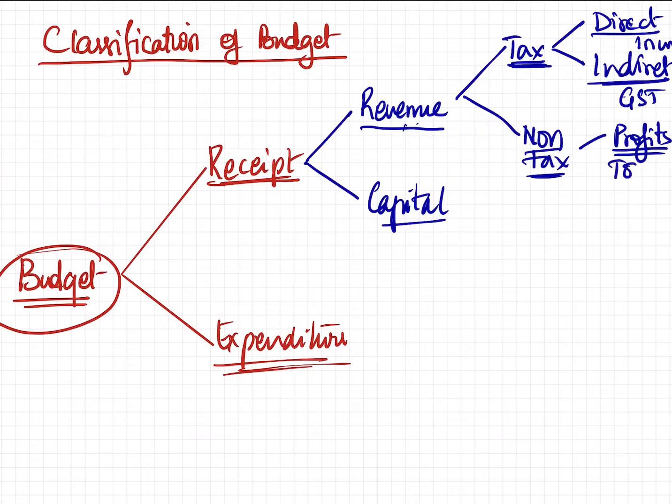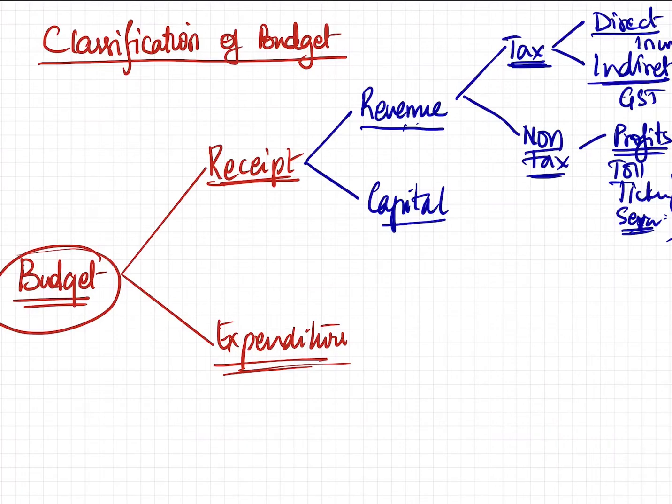Similarly, the toll, the tickets, and the earnings that it gets from the services that it provides, like postal service or banking service or irrigation service, electricity, etc. Money earned by BSNL, BESCOM, any kind of public distribution system, etc. They earn money from that.